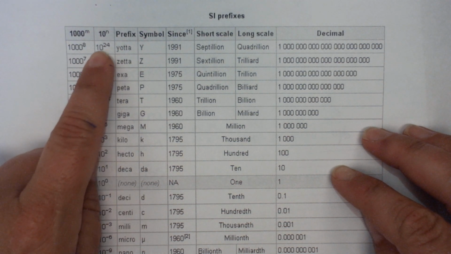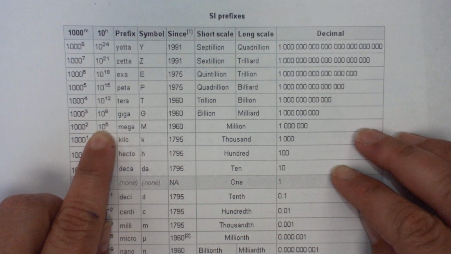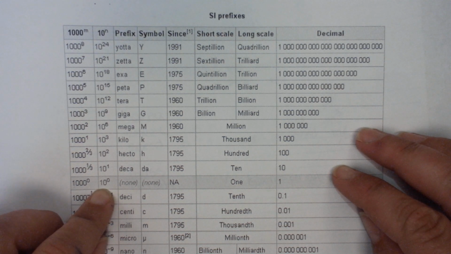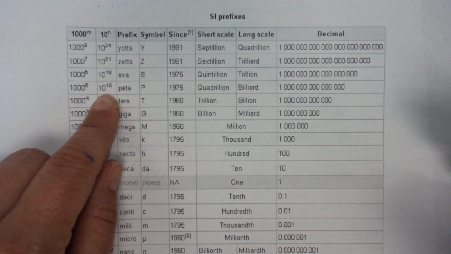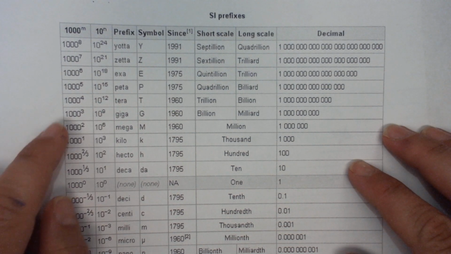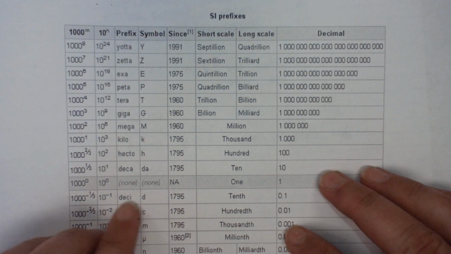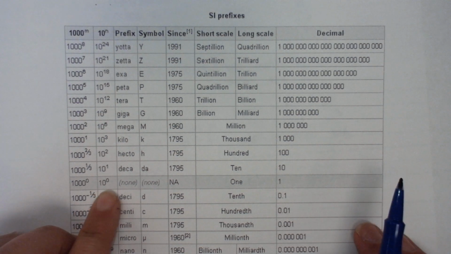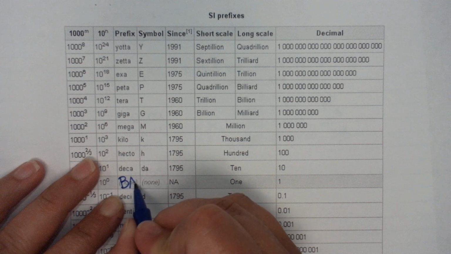But this column is the column that you would use if you were trying to use scientific notation. So if I have 1 petameter, then I would have 1 times 10 to the 15 meters. Notice how that base unit, so let's mark that. I'll just go ahead where it says none. I want you to write base.